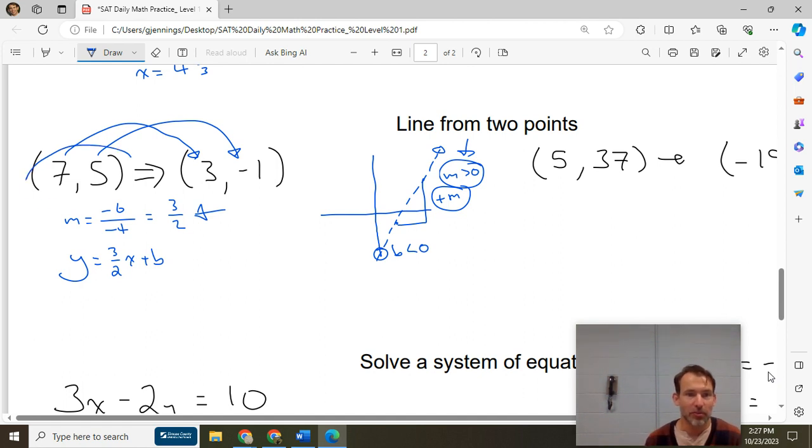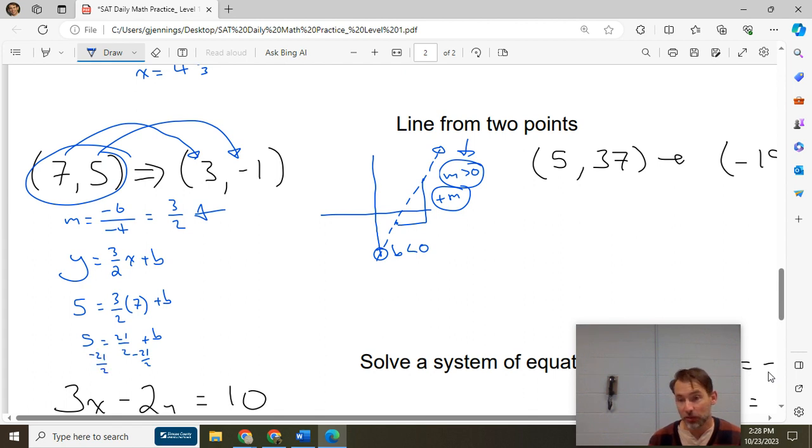All right, now I have to find b. I can do that by substituting in one of these points, and so I'll choose that one, (7, 5). So when y is 5, x is 7. So we'll have 3 over 2 multiplied by 7 plus some value b. And then when we do this, we're going to get 5 is equal to 21 over 2 plus b. Let's subtract 21 over 2 from both sides.